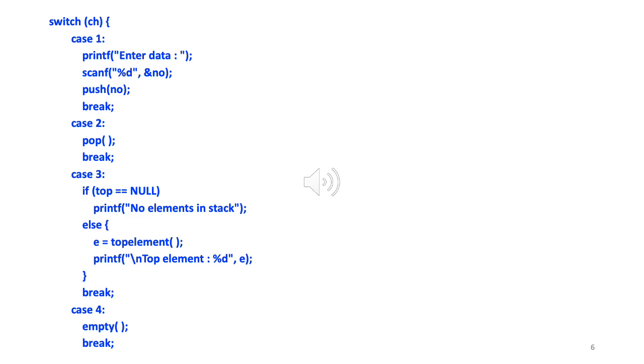Which means after executing case 1 without the break, the execution will automatically go to case 2, which in this example we do not want, because if case 1 is executed, it means we want to do push. So do we want to execute the remaining cases, 2, 3, 4, any one of them? We do not, right? So therefore we have to break from this switch.